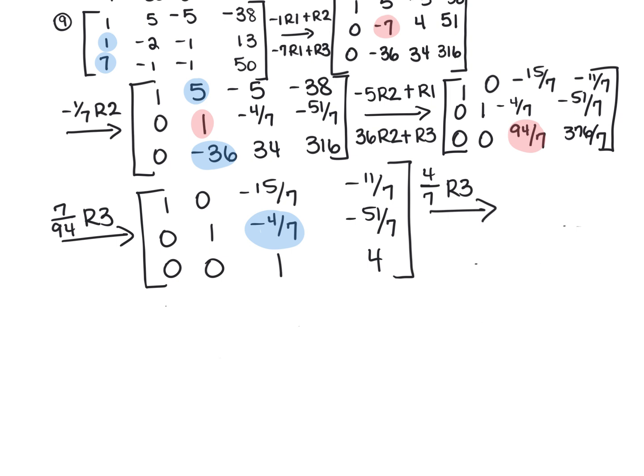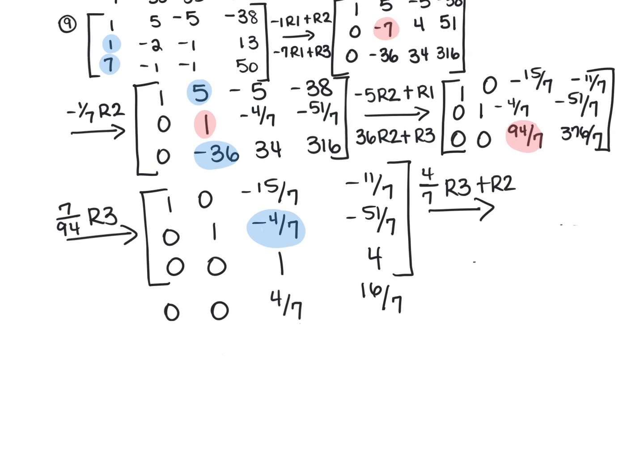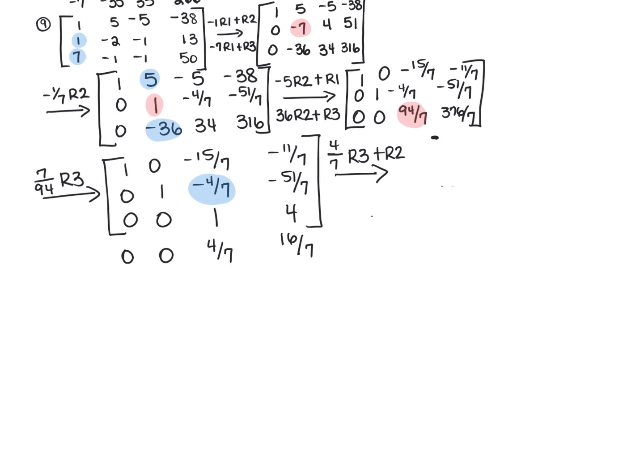So this gives me a 0 times 4 over 7, a 0 times 4 over 7, 1 times 4 over 7, and then I have 4 times 4 over 7, so that's 16 over 7. And we're going to add that to row 2. So row 3 is going to remain unchanged. I'm going to recopy it just like it is. So I have 0, 0, 1, and 4.